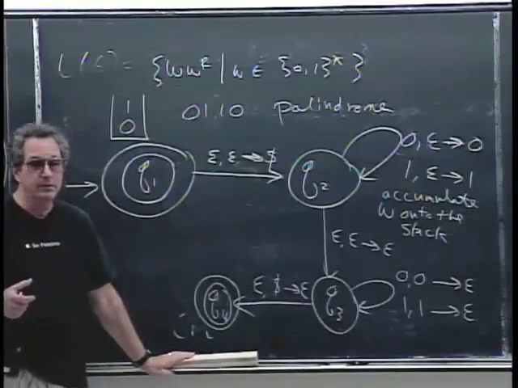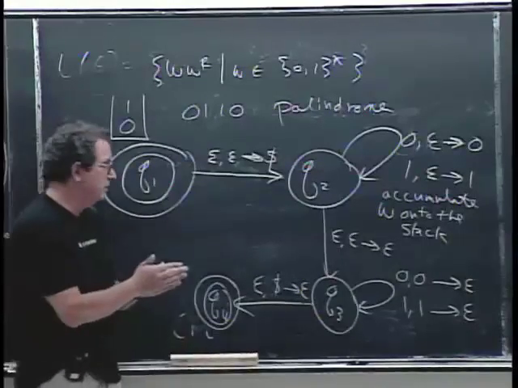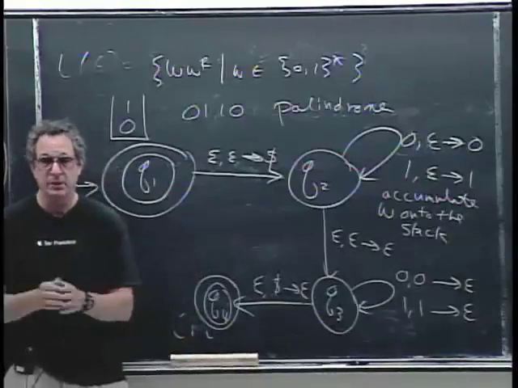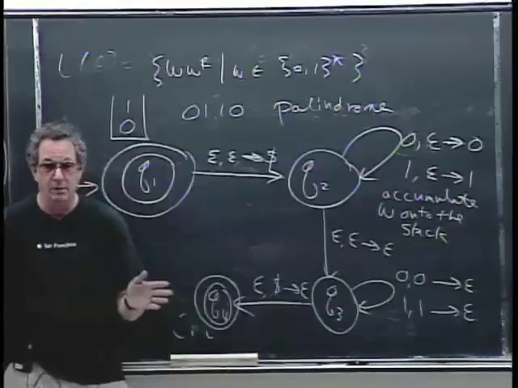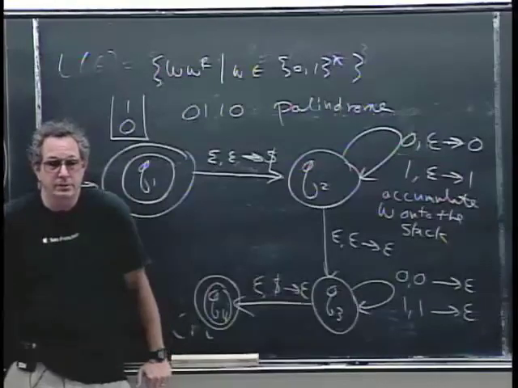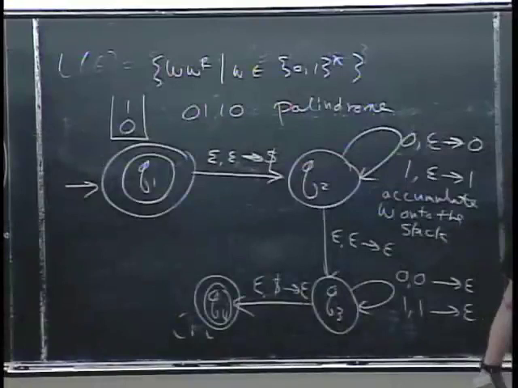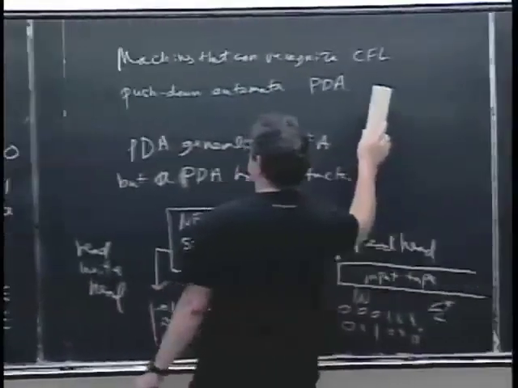Remember that it's a non-deterministic machine, and so it can make many guesses, many choices. It will make them all. And if one of those computations accepts, then that string is accepted. Okay, let me state now the major theorem, which we're not going to prove, but the major theorem about context-free languages.